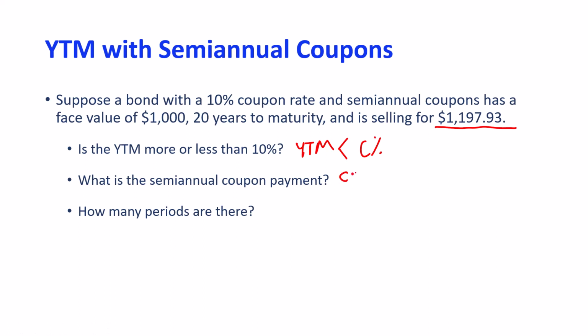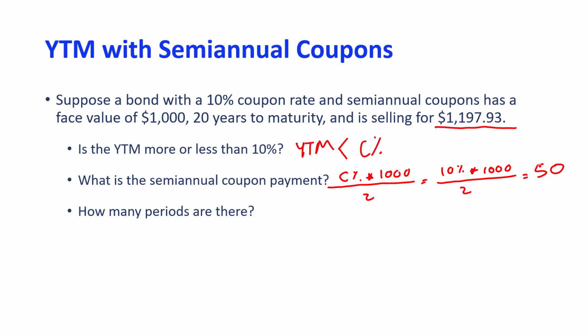What is the semi-annual coupon payment? That would be coupon rate times $1,000 face value divided by 2. So we will have 10% of 1,000, which is 100, divided by 2. We're going to receive $50 every 6 months. And how many periods do we have?